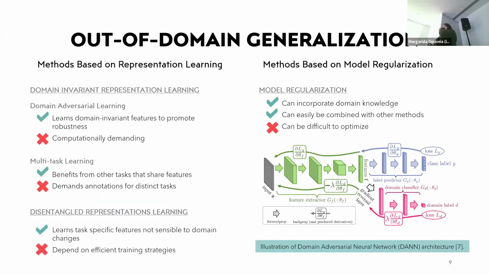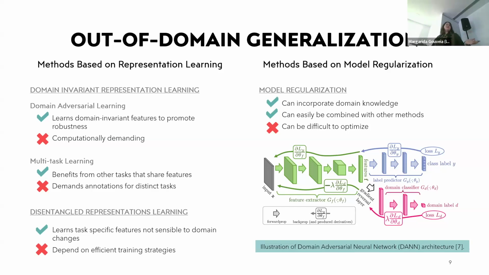So, passing to methods that are based on the learning process of the models. We have methods based on representation learning, where we can use differentiable learning to promote learning of invariant features. Basically, we have a model that tries to discriminate different domains, and that forces the features to be invariant to changes in domain.